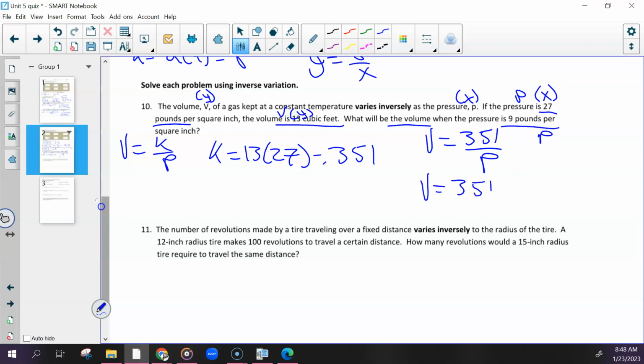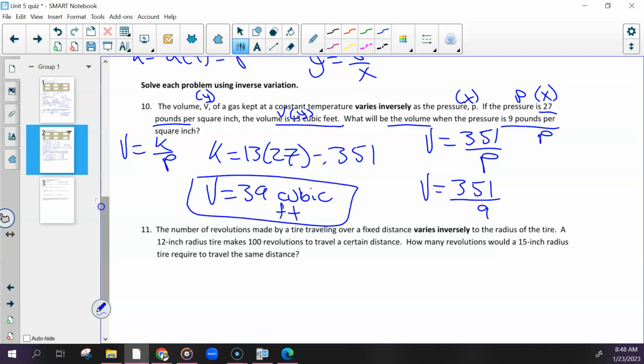So you would be dividing by 9 to get 39. The label here would be cubic feet. Some of you were putting V equals 39 volume. That's not really the label. Questions on that one?